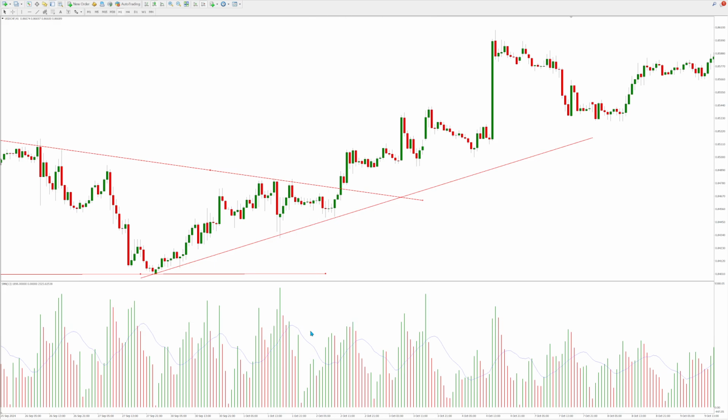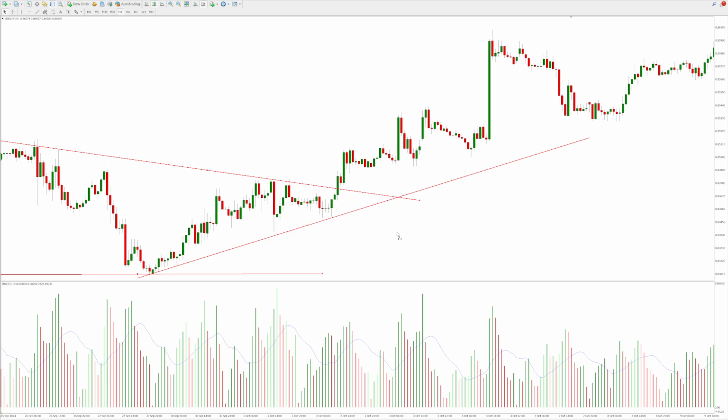We also have the moving average line here. You can say that when the volume is above the moving average line, it can signify a greater volume.